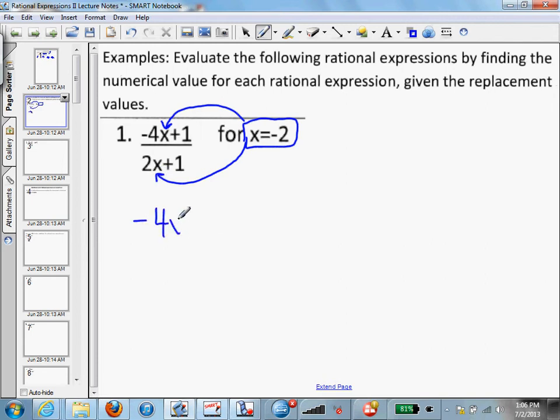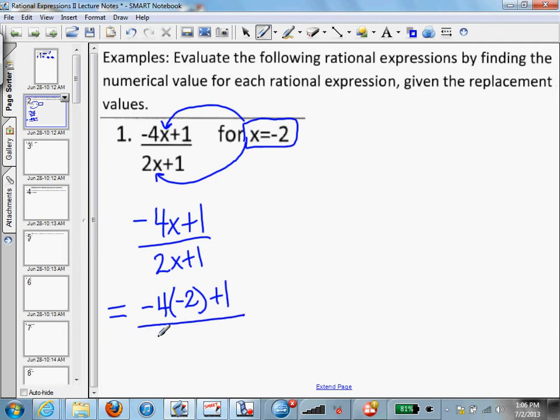So we're going to have -4x plus 1 over 2x plus 1, and we are going to replace every x that we see. So we're going to have -4, replace that x with -2, plus 1 over 2 times what x is going to be, which is -2, plus 1.